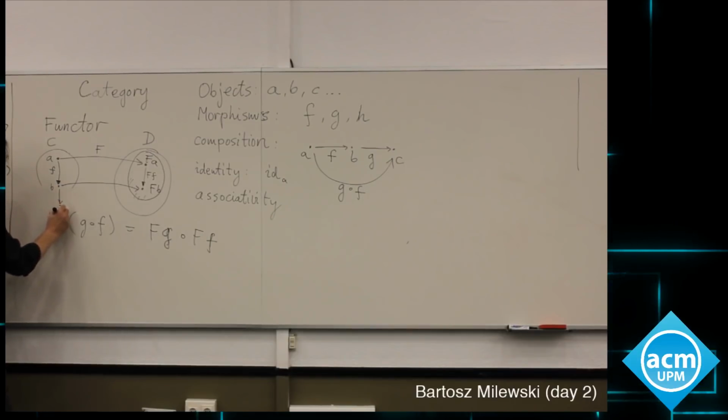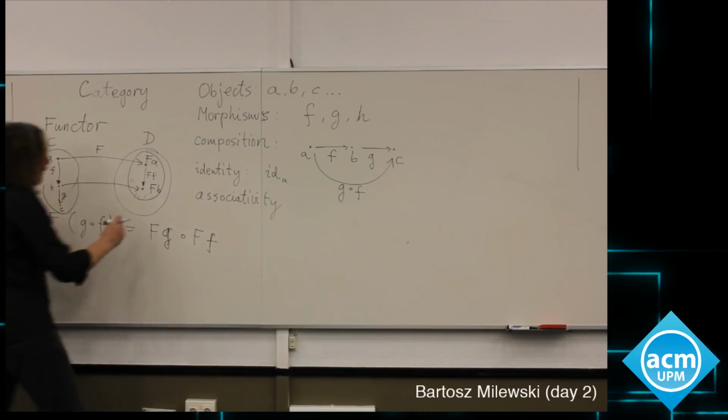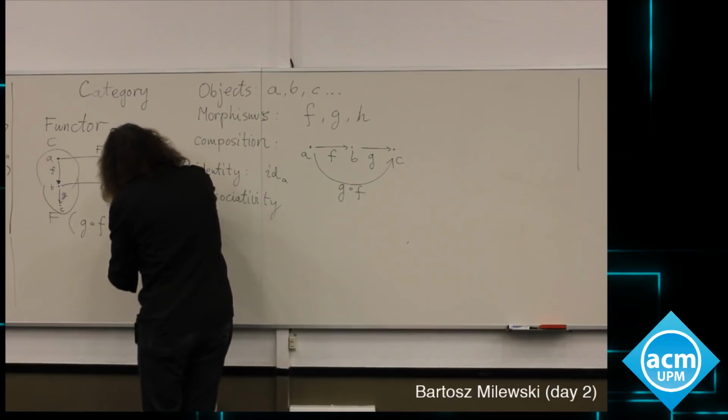So let's say we have another morphism G here from B to C, and here we extend this.